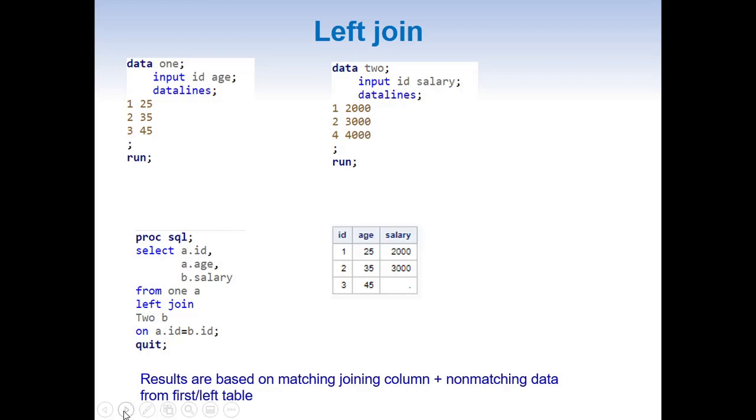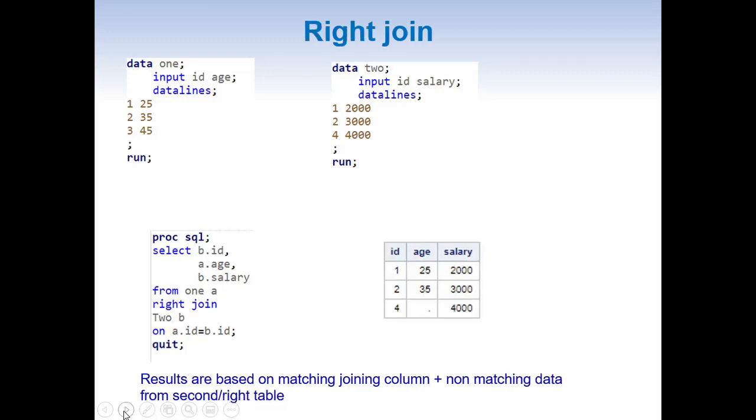Now let us talk about right join. Right join is pretty similar to a left join. The only difference is now the important table is our right table or our second table. Here it is 2.